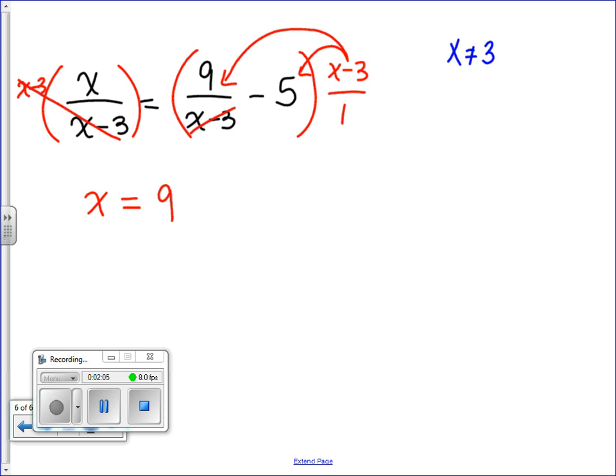No, so this one actually has to be multiplied out. So, negative 5 times x would be what? Yep, and a negative 5 times a negative 3 would be plus 15. So I have x equals 24 minus 5x. Okay, finish that problem.